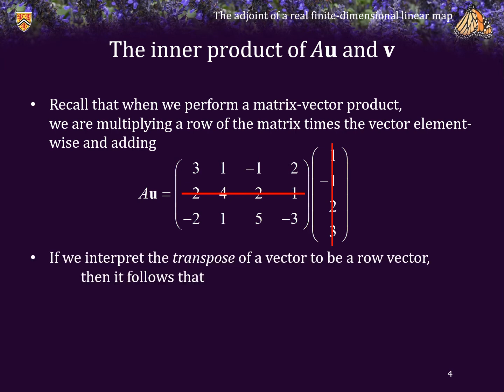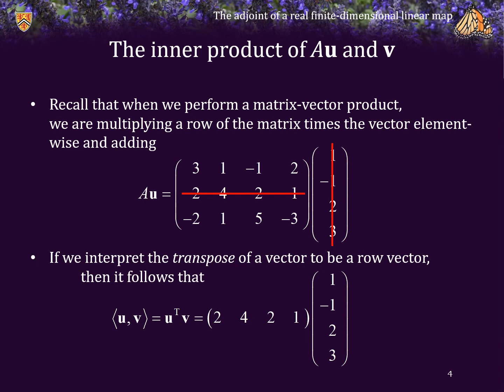Now, if we interpret the transpose of a vector to be a row vector, sort of like a row within a matrix, then it follows that the inner product of u and v is equal to the multiplication of u transpose times v, which may be, for example, this row vector here. So u itself is a column vector 2, 4, 2, 1.